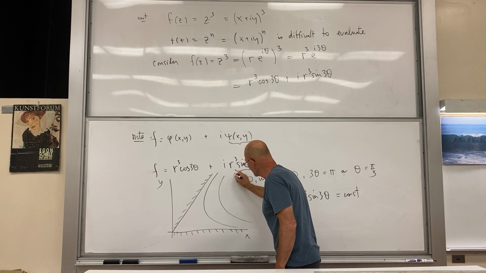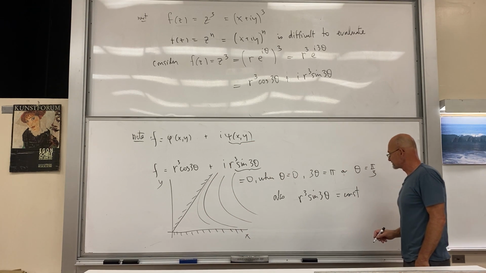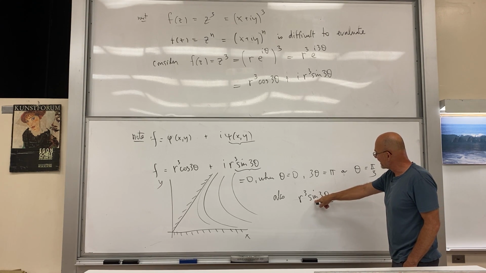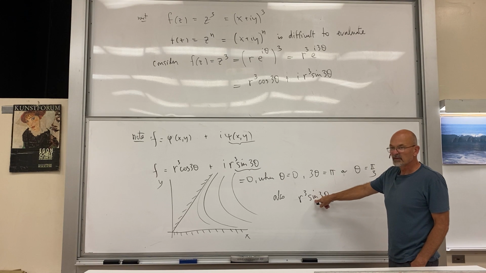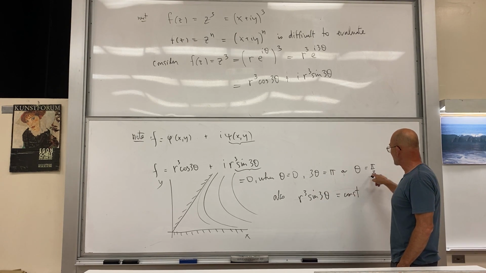So your streamlines are like that. And if you think about it, you can see how that's going to work, because this sine of 3 theta, when theta equals 0, it's always going to tend towards 0. And when theta equals pi over 3.